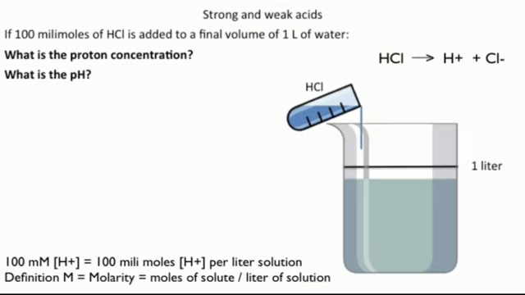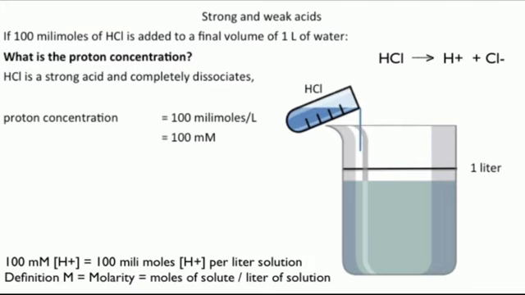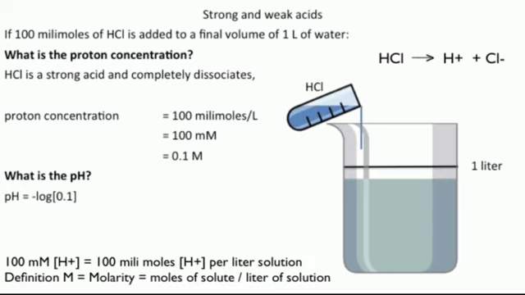What does that make the pH? Of course, pH is defined as the negative log of the proton concentration in molarity, not in millimolarity. So we have to look at what this is in molarity, which is 0.1, and we will take the negative log of 0.1. Please try to come up with that quickly, and I'll move on.